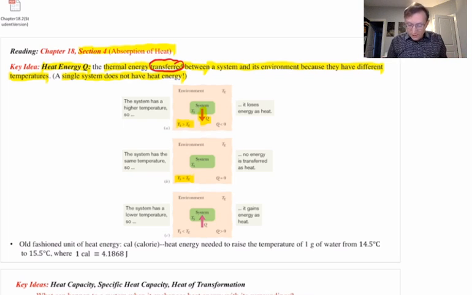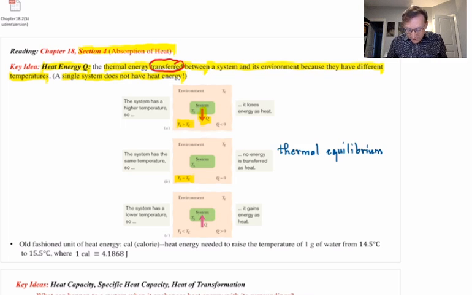Remember from the previous video lecture, this particular situation is somewhat special and is described as thermal equilibrium. When two objects, system and environment in this case, have the same temperature, we say they're in thermal equilibrium, and there will be no energy transfer as heat between them.